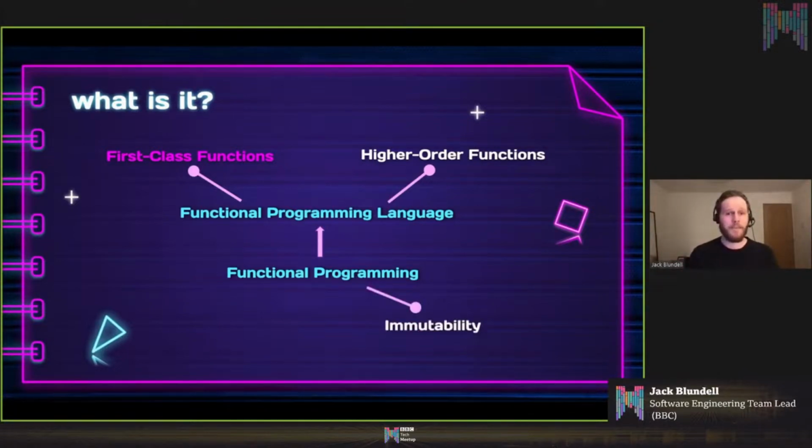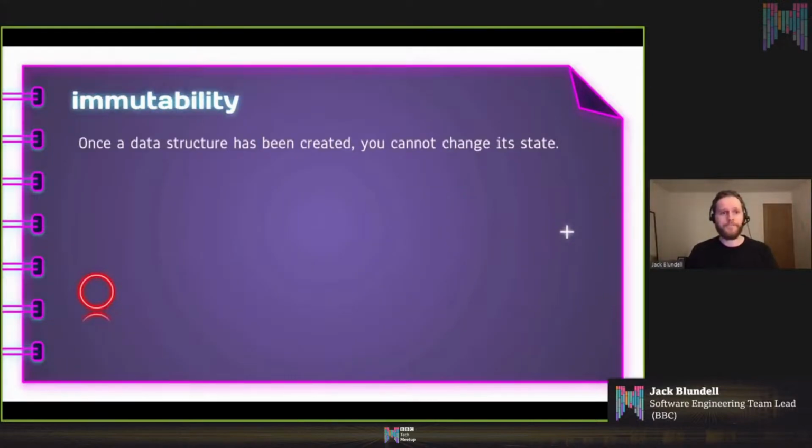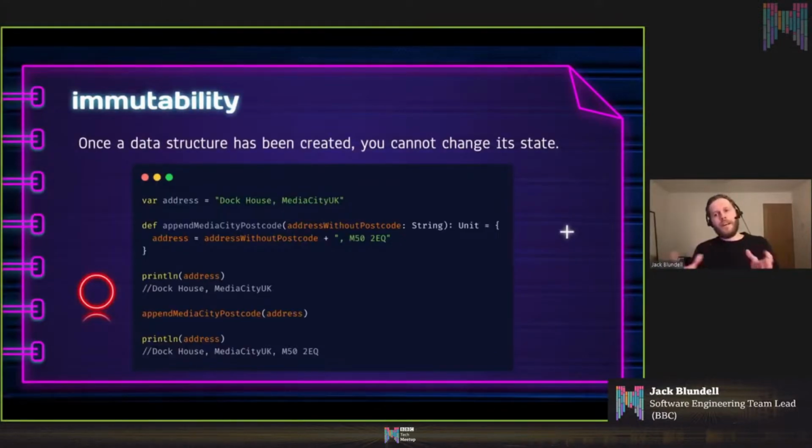So immutability is the first step. We define immutability as once a data structure has been created, you cannot change its state. This example is the complete opposite of that. We are creating our address up here, and we're using the var keyword.